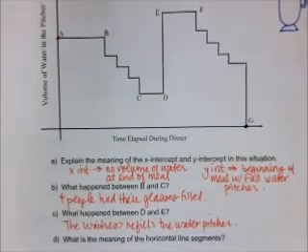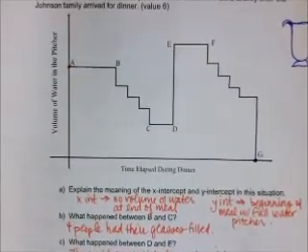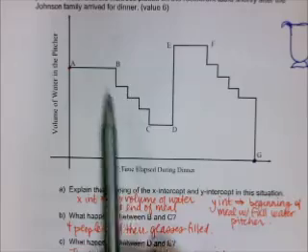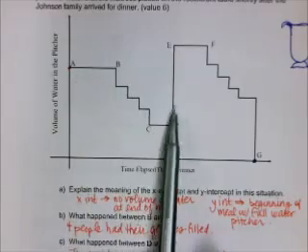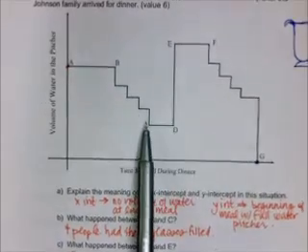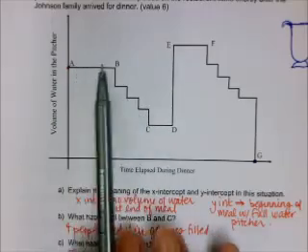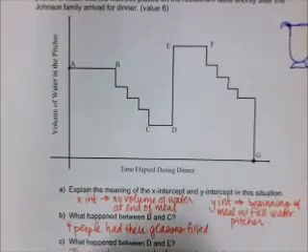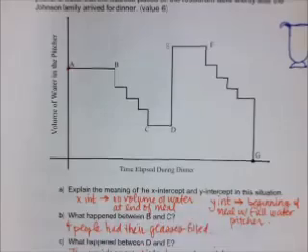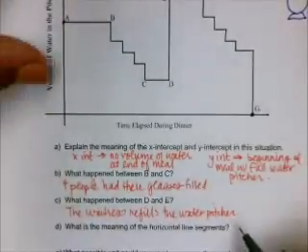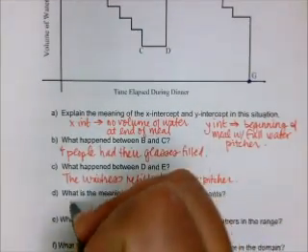What is the meaning of the horizontal line segments? Well, like here and here and here. Nobody's touching the water pitcher. The volume of it is just staying the same, so it's just sitting there on the table. In all those cases, the volume isn't changing, but time is going on.